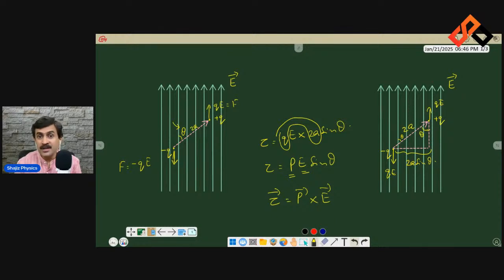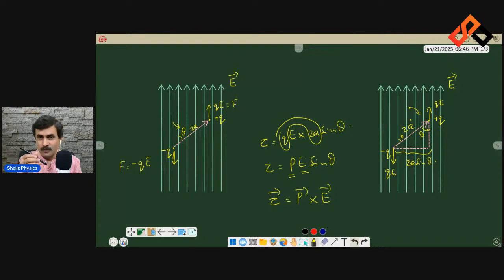Now, one more thing we can do. See, in order to rotate the dipole from this position to this position through an angle theta, you need to do work because you are rotating it against the natural tendency. The natural tendency of the dipole is to remain parallel to the electric field, but you are trying to rotate it against that tendency.